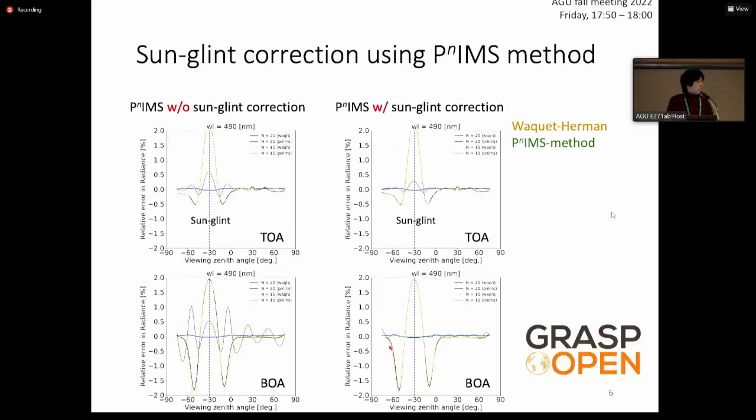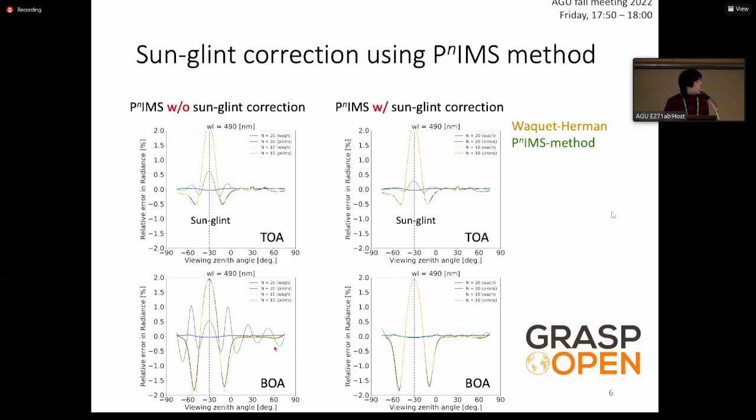And using these sunglint corrections, especially at the bottom of the atmosphere, this oscillation in the sunglint region can be suppressed and well reconstructed, even with a small number of Fourier truncation orders.